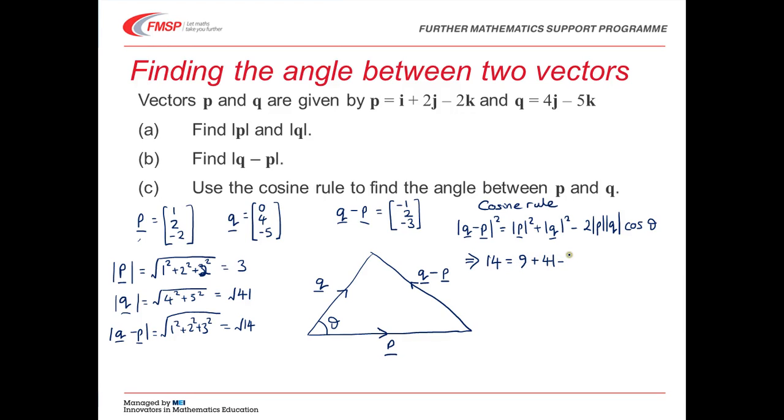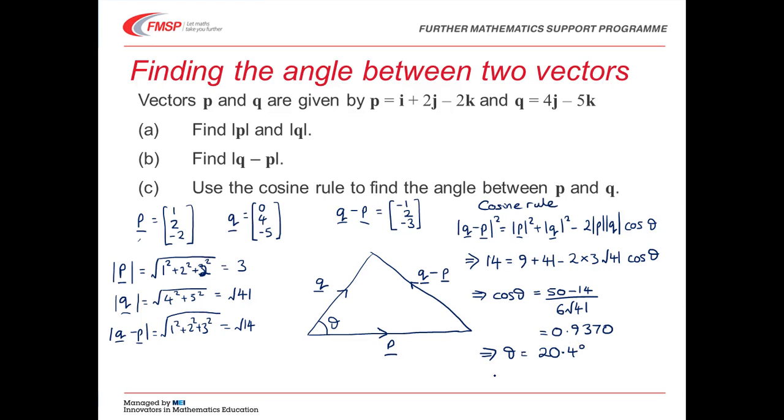Take away 2 times 3 times root 41 cos theta. So cos theta is 9 and 41 is 50, so it's 50 take away 14 over 6 root 41. That comes out to be 0.9370, and therefore theta must be 20.4 degrees.